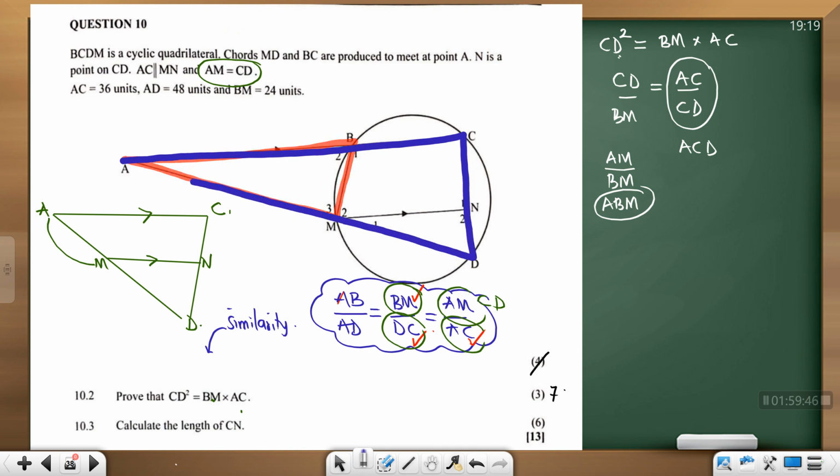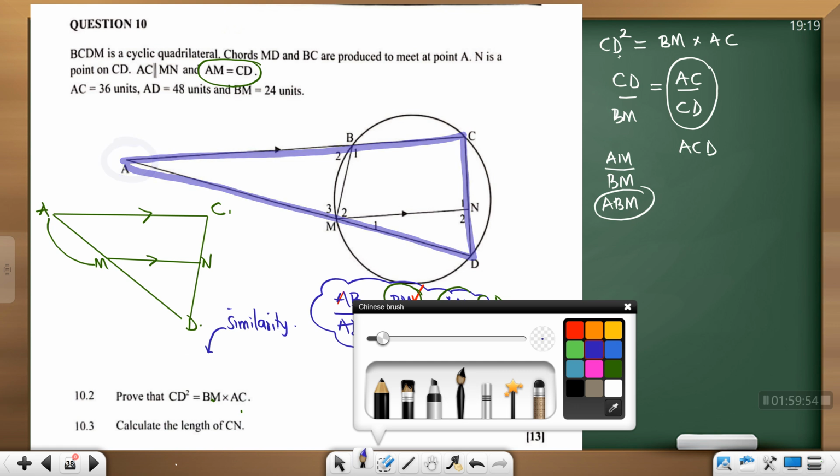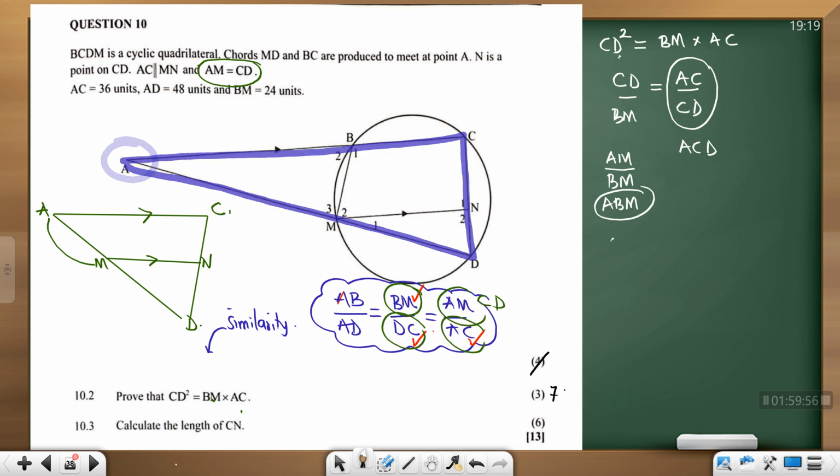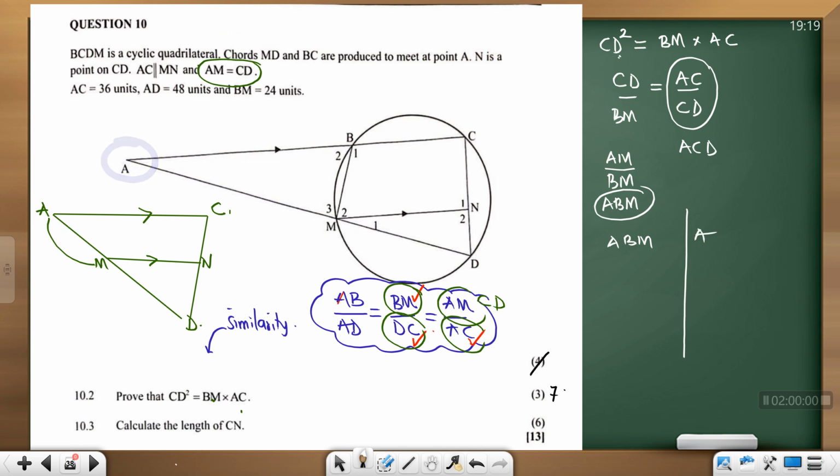Oh, what do you notice? Angle A is what? Common. So I'll start from there. There's a reason I want to show you this. So I have this ABM and what? Remember, I don't know the order. But I know that angle A, angle A. Okay.